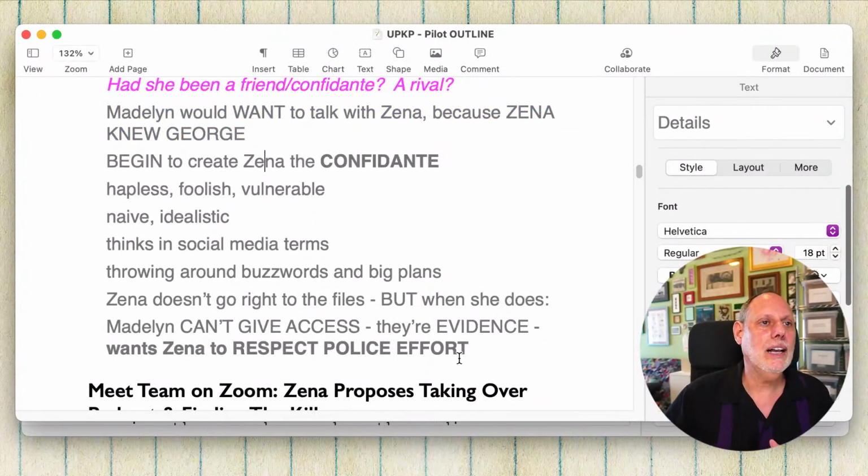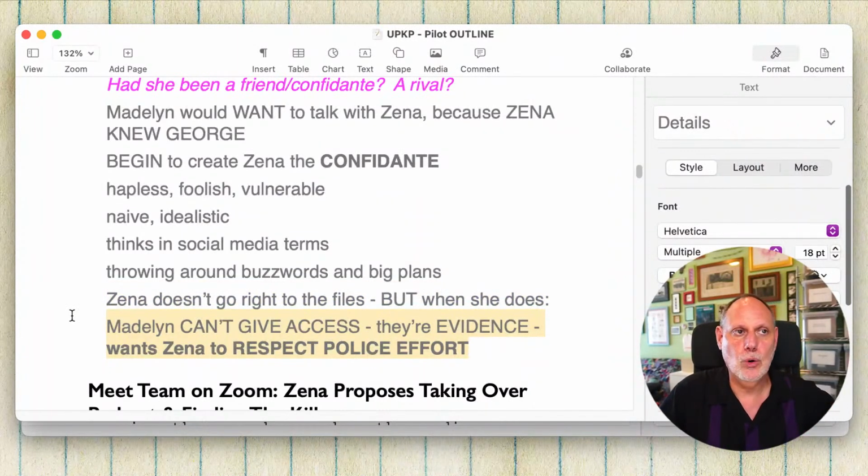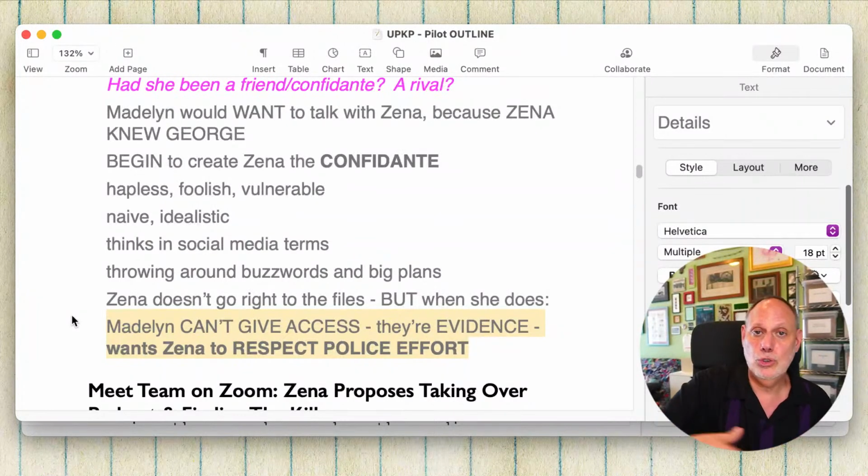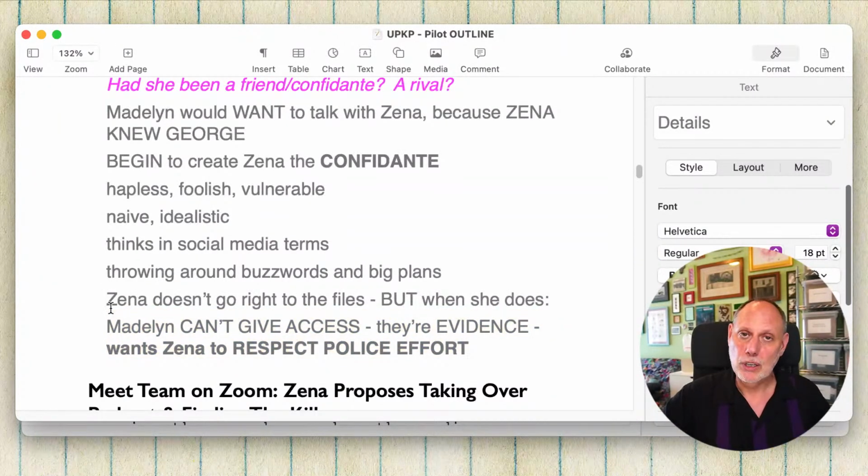So I realized that the answer is not that Madeline says, oh, you're a flake, go away. It's that Madeline can't give access because, as I said, the files are sealed. The evidence, the crime scene is not hers to distribute. So that worked. That was one of those cases where that sealing thing, that's going to work out.